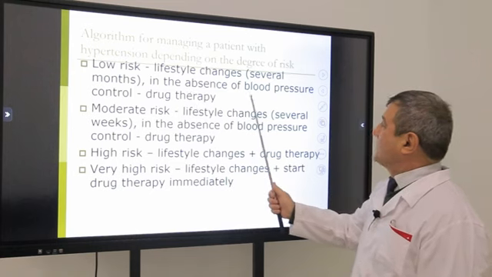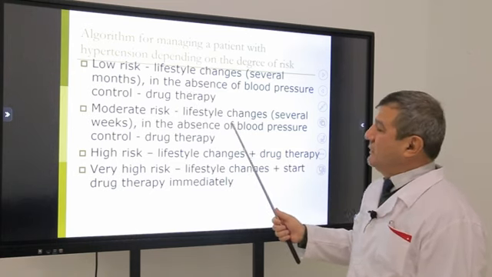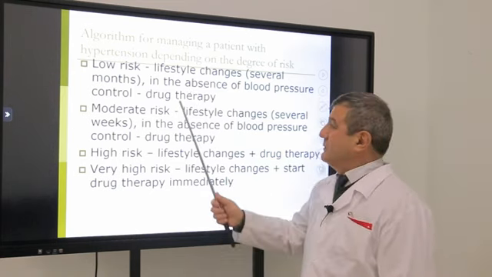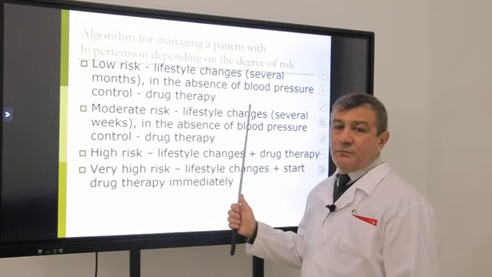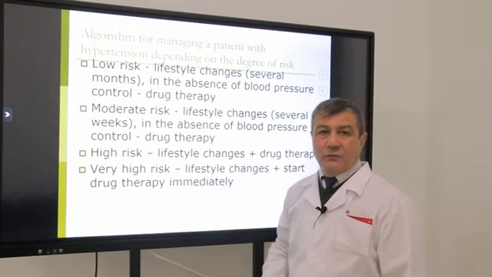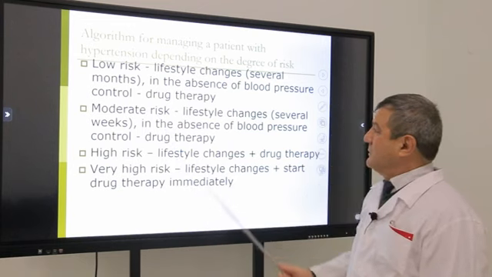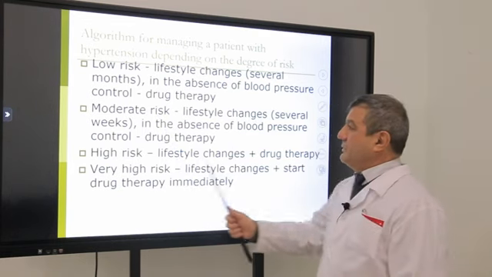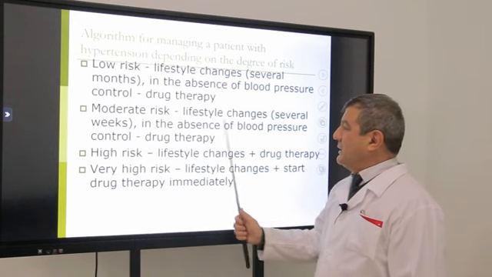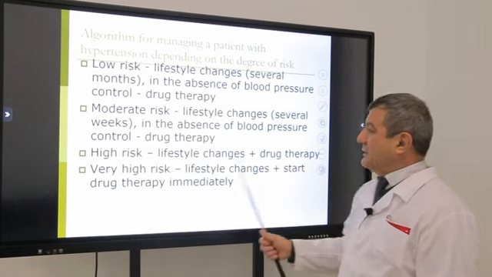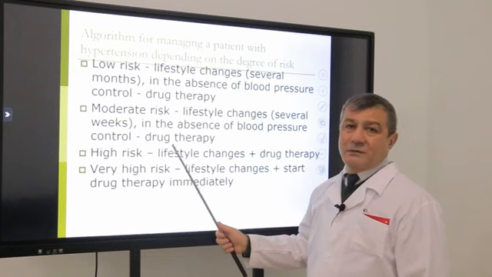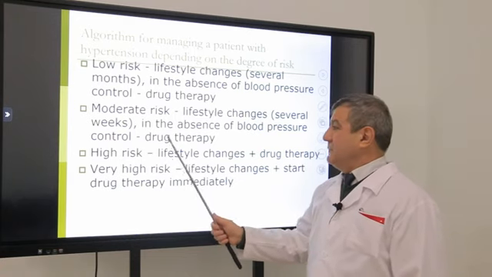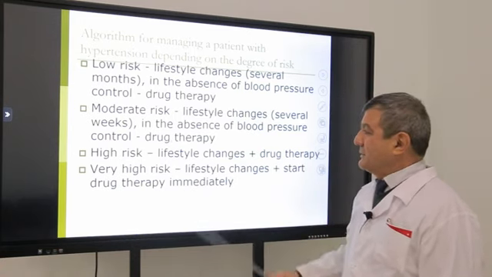In the absence of blood pressure control, we have to recommend antihypertensive medicines. If the patient has moderate risk, we have to recommend lifestyle changes for several weeks. In the absence of blood pressure control, we can recommend antihypertensive medicines.